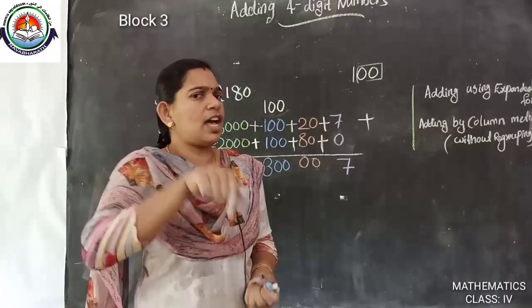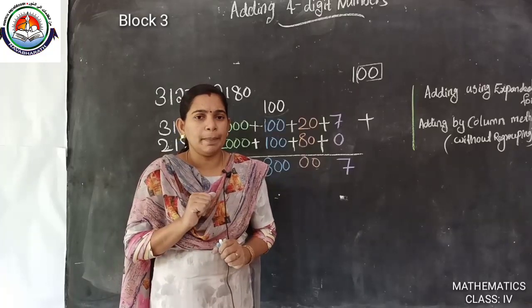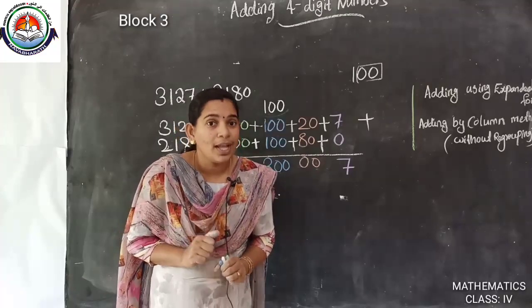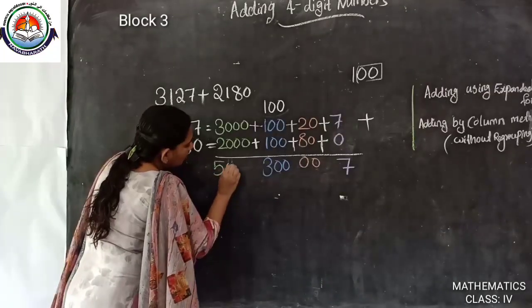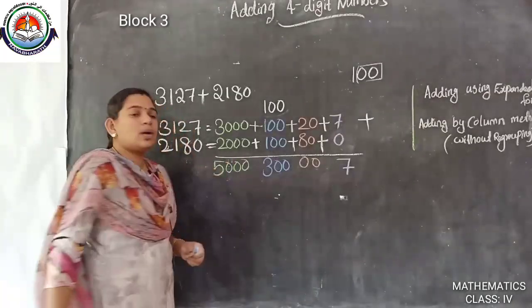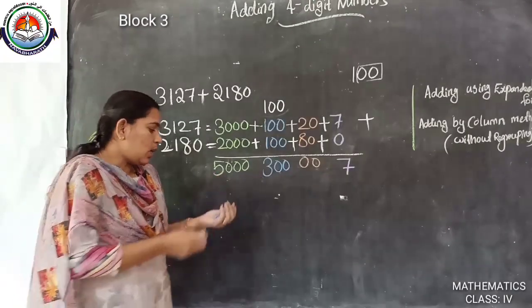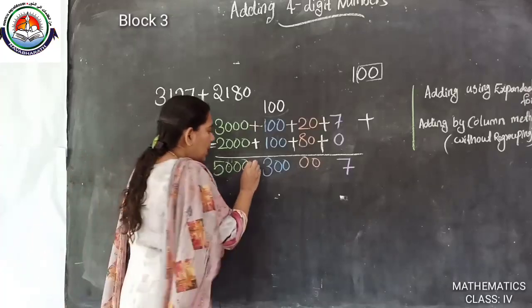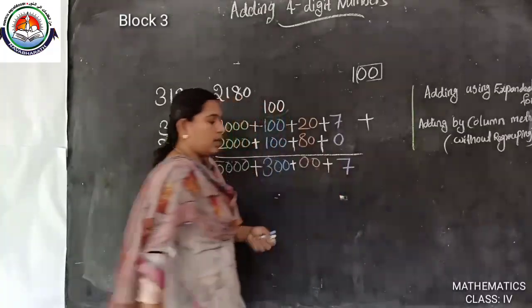What is the value of 3,000 plus 2,000? Anyone can say? Very good. 5,000. So after adding we will get 5,000 plus 300 plus 0 plus 7.